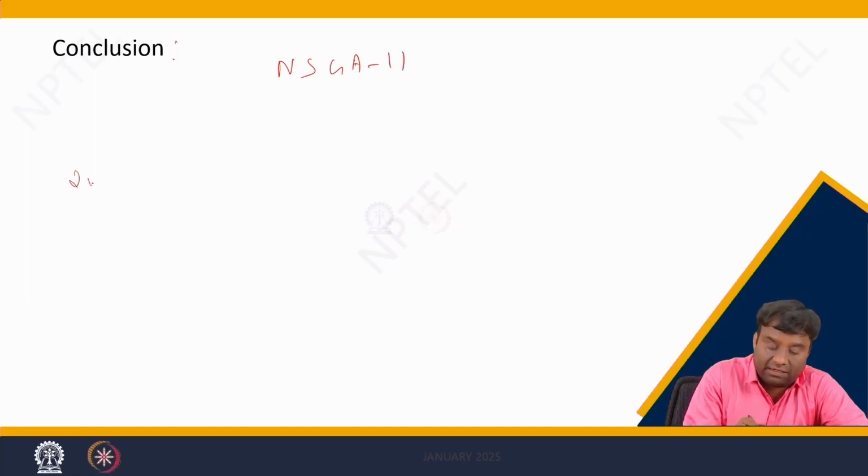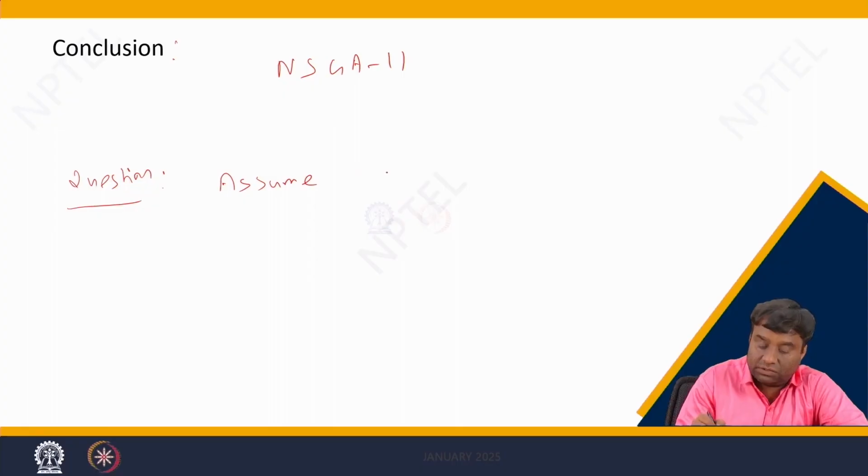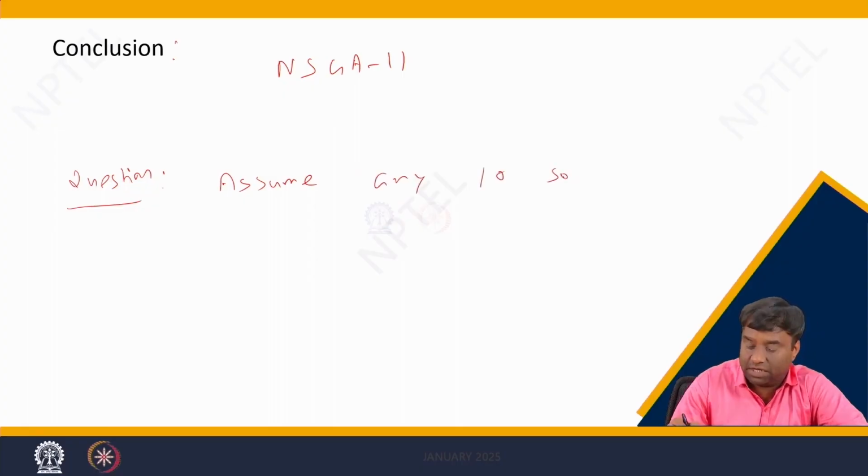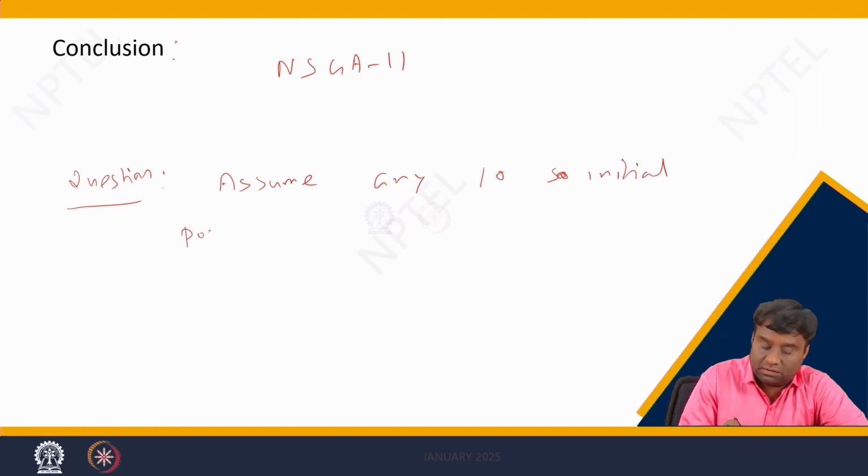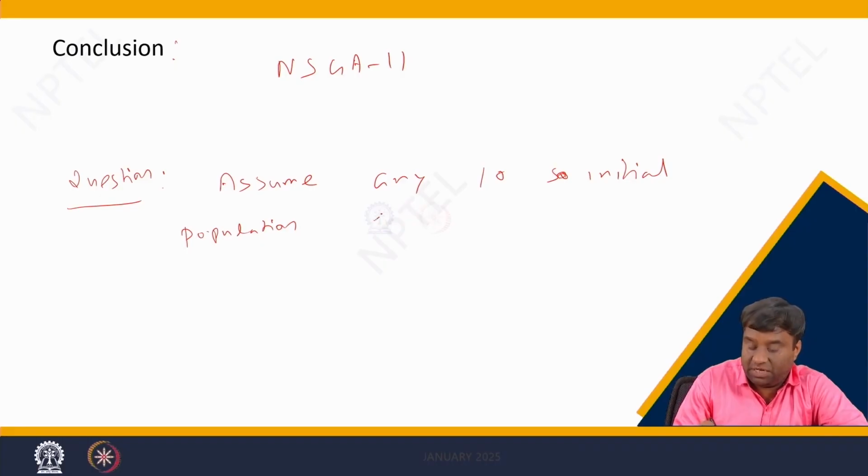So the question is: assume any 10 initial populations and we minimize f1. Suppose f1 is equal to something like x square plus 2x, and f2 is equal to x plus x square by y.